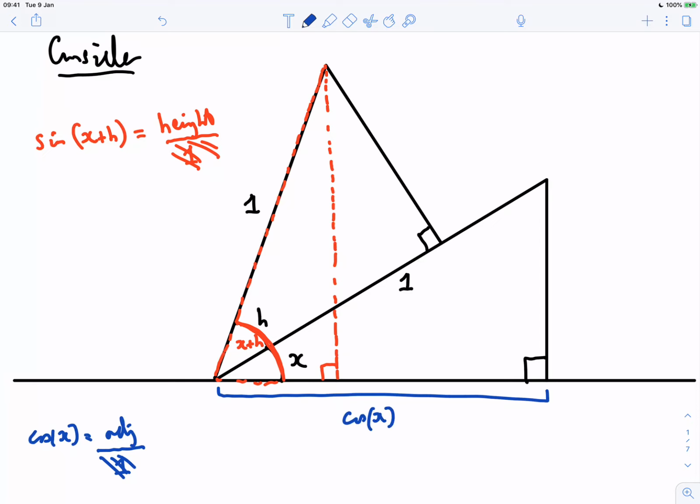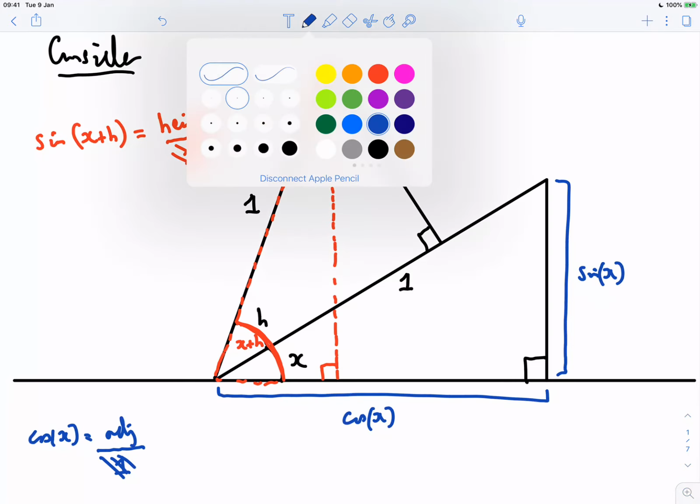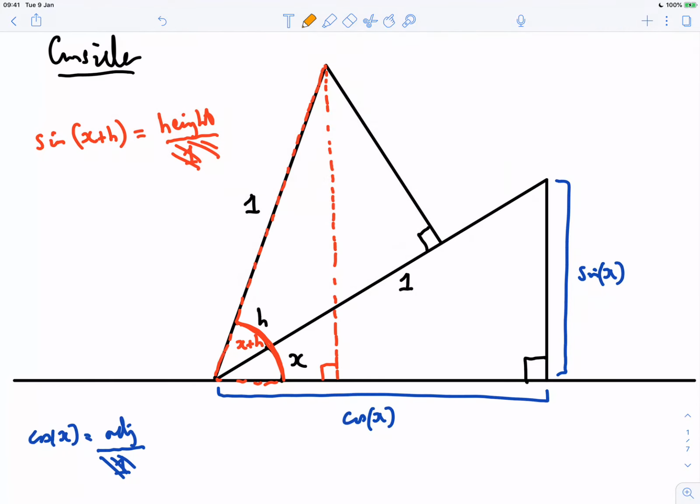By similar argument, this is the opposite. So opposite over 1, which is just the opposite, is sine of x. So this height here is sine of x. By similar reasoning, the distance from here along to here, the base of the triangle up above there, is just the adjacent over hypotenuse of 1 of cosine of h. So this is cosine of h.